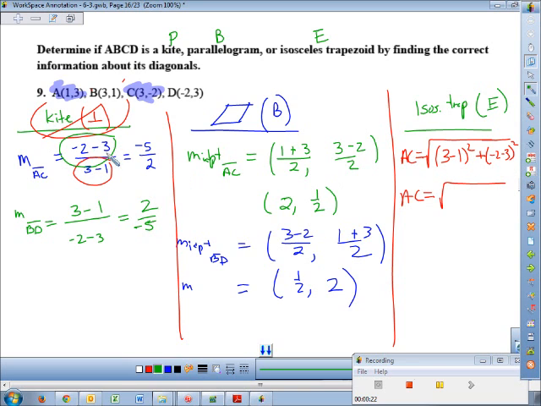Isn't that what you did, like right here? So do you see these numbers right there in the slope? That's what's got to get squared. Isn't this the 2 that's got to get squared right here? What's 2 squared? 4. And this is negative 5 that's got to get squared, which is 25, sorry. And then you add them together and you get 29. It's the square root of 29. Rock and roll. Now let's find the distance from B to D using my cool shortcut.